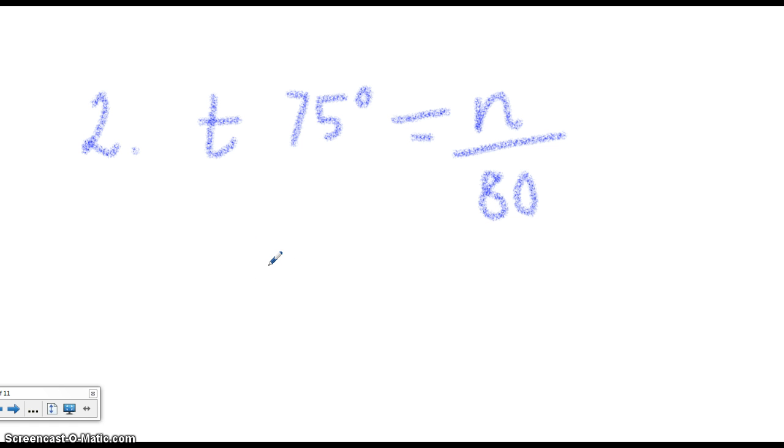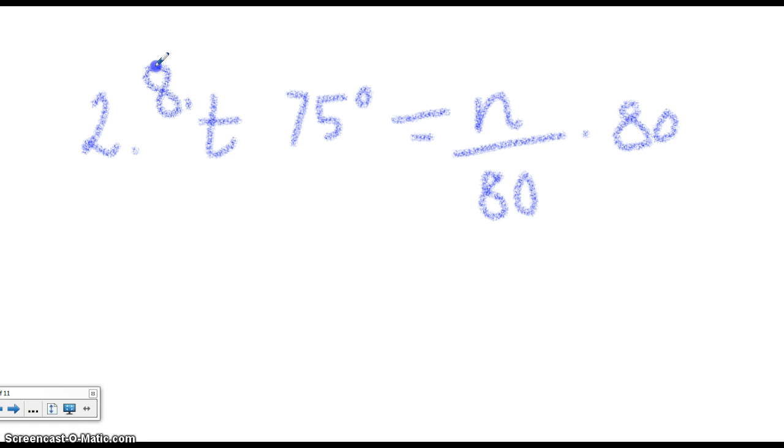So again, we're going to use our calculator, and we're going to type in tangent. That button is going to be 2 buttons up from the 9. So tangent of 75 degrees, and I'm going to hit enter. On your calculator, you should get 3.7320, etc. And to solve this equation, we know that we would have to multiply by 80.